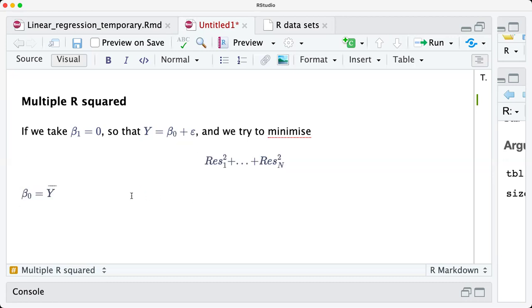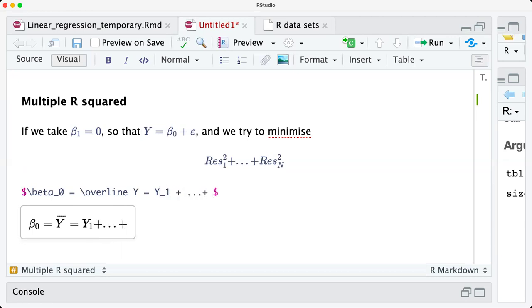So the best prediction for the mean is the empirical mean, which is equal to y1 plus and so on, divided by n.